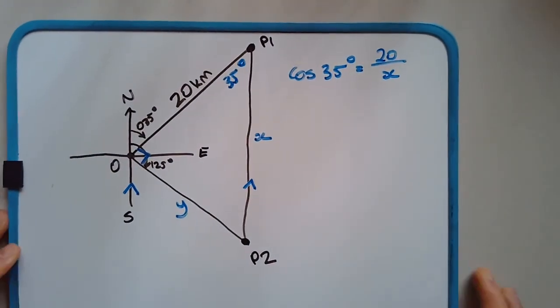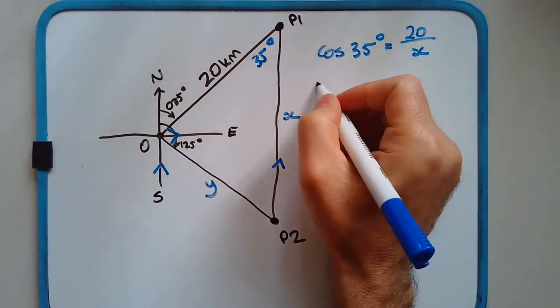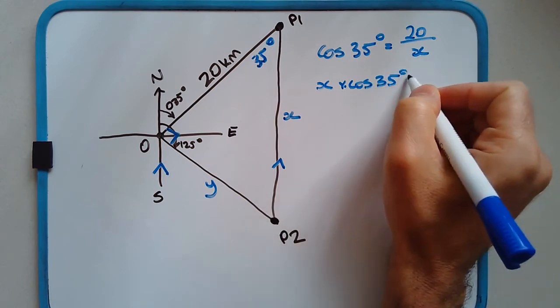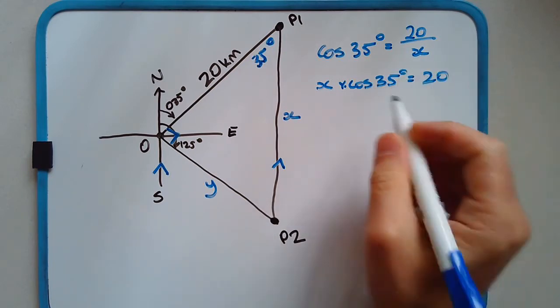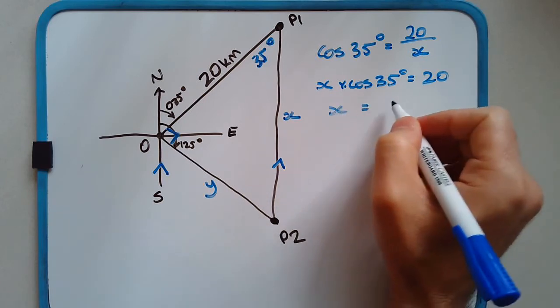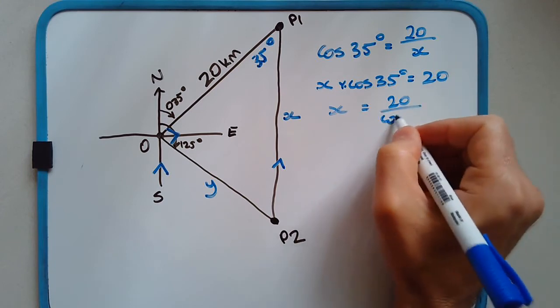So I'm just going to move this board off. If you move the X over, X multiplied by cos 35 is equal to 20. And then dividing everything by cos 35, there's a shortcut to this, of course. 20 over cos 35.